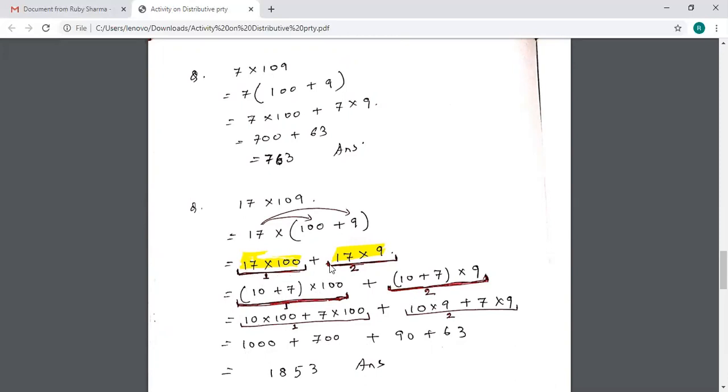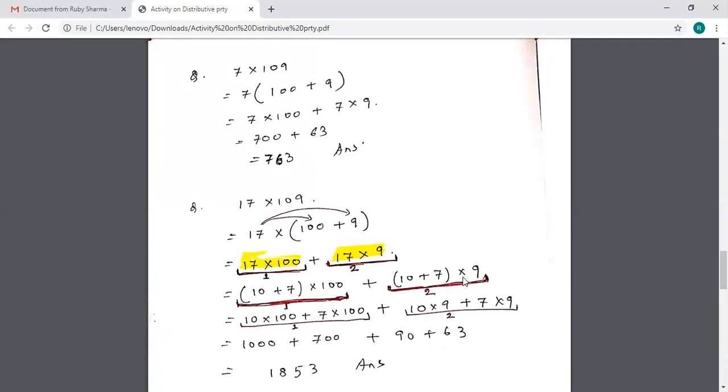Now for this, plus 17 into 9. I wrote the same procedure, 10 plus 7 for 17 into 9. Now 9 is distributed to 10 and 7. Already you know this factor can be on the left or on the right.